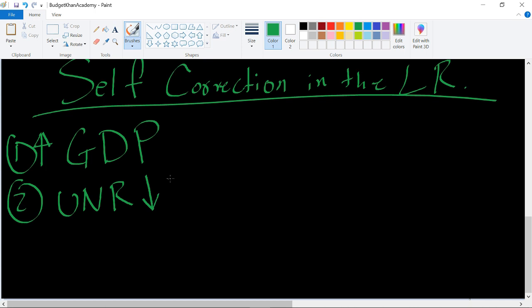Let's say it started at around 3%, and all of a sudden our unemployment rate is maybe 1%. Or we can get crazy and say maybe it's 0%. Yeah, let's go crazy. Let's say our unemployment rate is 0%. We had a vast increase in GDP. And now that's kind of the short run.